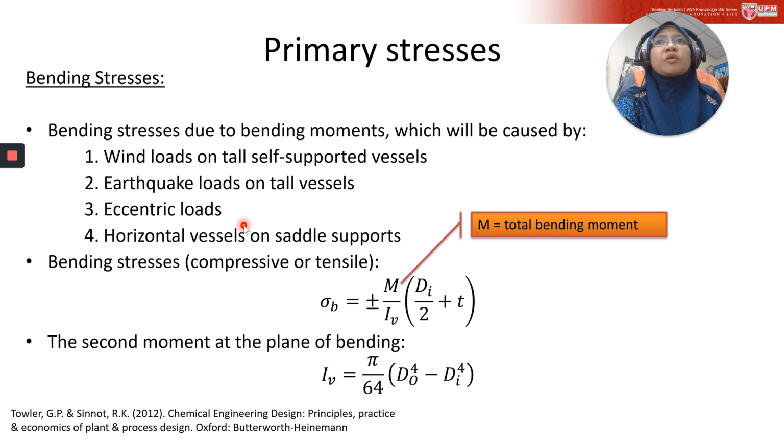Bending moments will be caused by wind loads on tall self-supported vessels, earthquake or seismic loads on tall vessels, and eccentric loads due to the dead weight and wind loads on piping and equipment that is attached to the vessel but offset from the vessel center line.